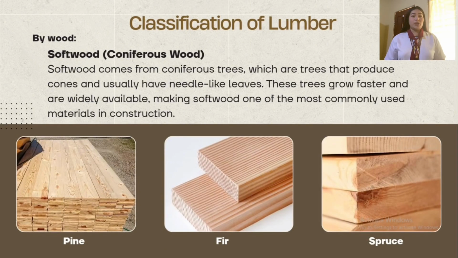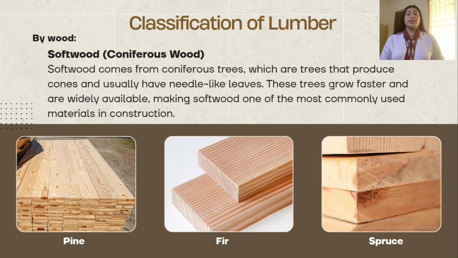Now, let us move on to the classification of lumber based on the type of wood. The first type is softwood, also known as coniferous wood, from coniferous trees. Softwood comes from trees that produce cones and usually have needle-like leaves, such as pine, fir, and spruce. These trees grow faster compared to other types of trees, which makes softwood more available and commonly used in construction.